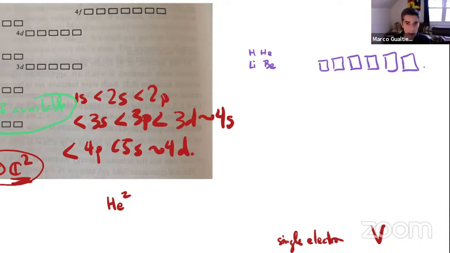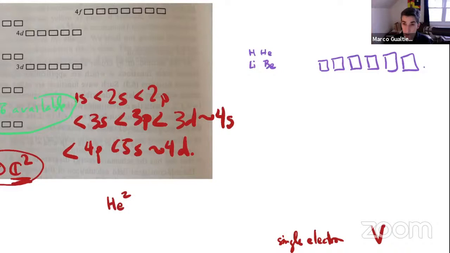Okay. And the same pattern will repeat again. If we go up again, we're going to have another 2 elements that fill up the 3s. Those are sodium and magnesium. And then you're going to have another 6 elements that fill up the 3p.